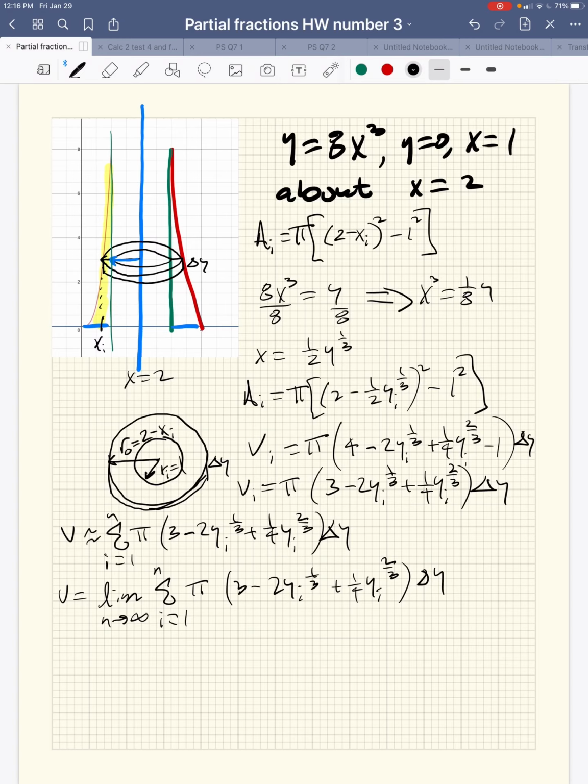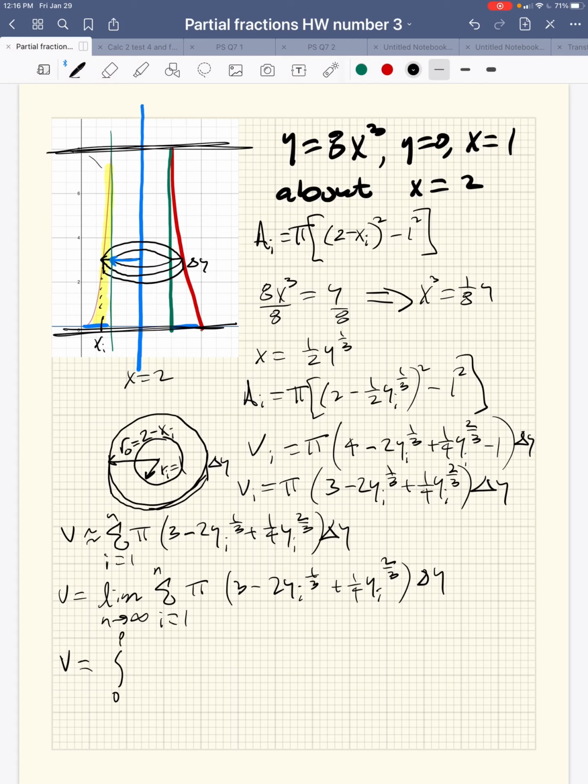Then, in order for us to find the actual volume using an integral, we would need to have our limits of integration. So we need to know where does y start and where does it end? Well, it starts down here at 0 and ends up here where the line x equals 1 crosses the graph y equals 8x cubed, which is going to be at 8.